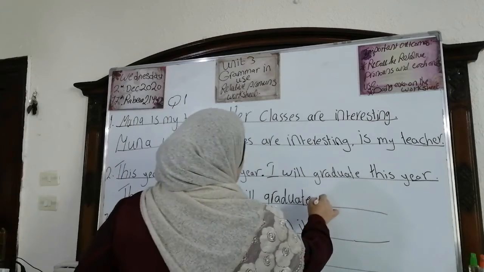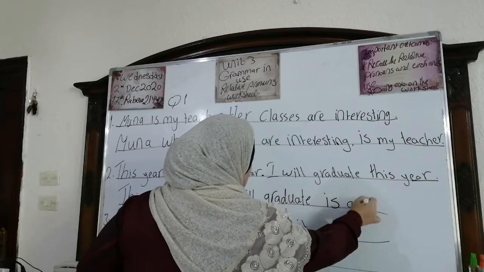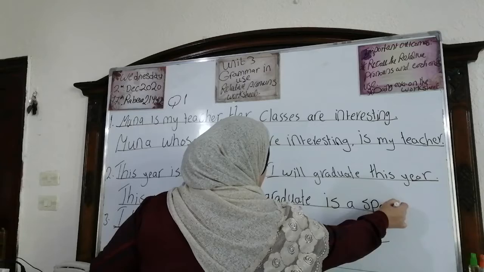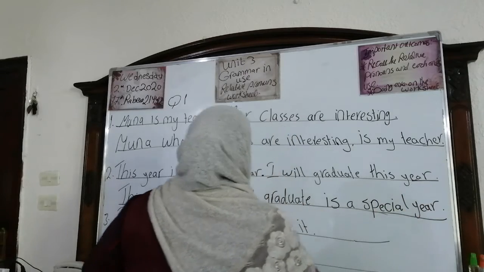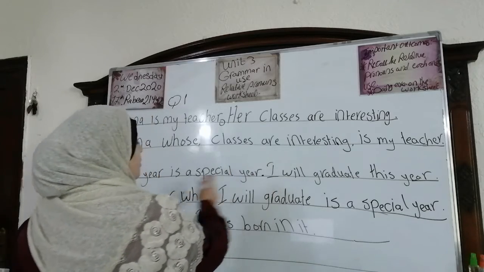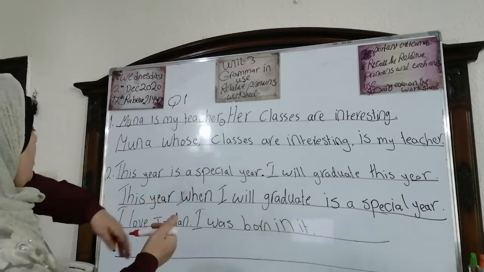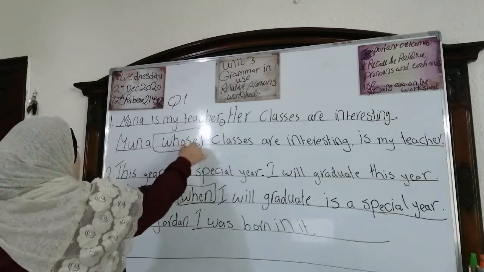When I will graduate is a special year. Okay? What did we do? We removed the full stop and we joined them with the relative pronoun when. Here we connected them with whose.